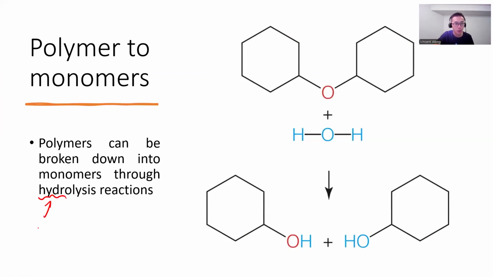Hydro means water, we talked about this earlier, like hydrophobic, hydrophilic. Lysis is to break. So hydrolysis is basically to break something by addition of water. We take the water molecule, put it back into the bond, and separate it.